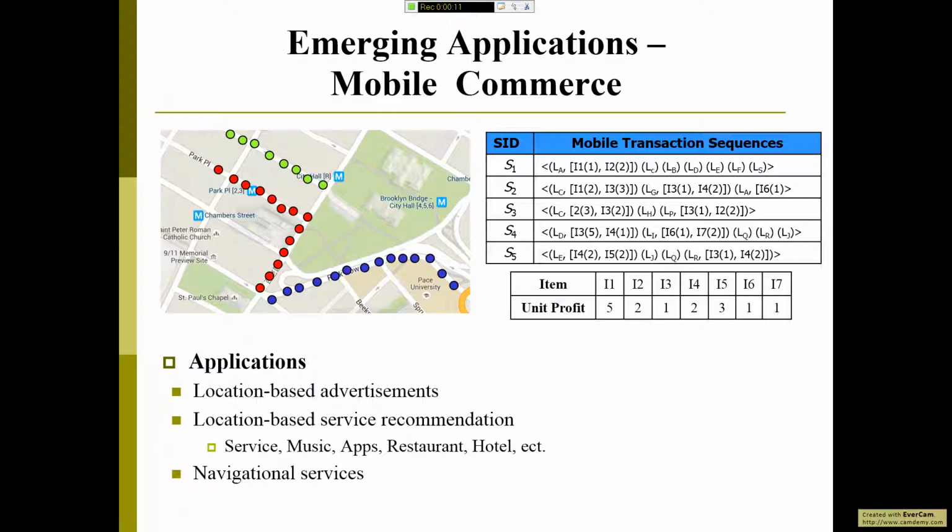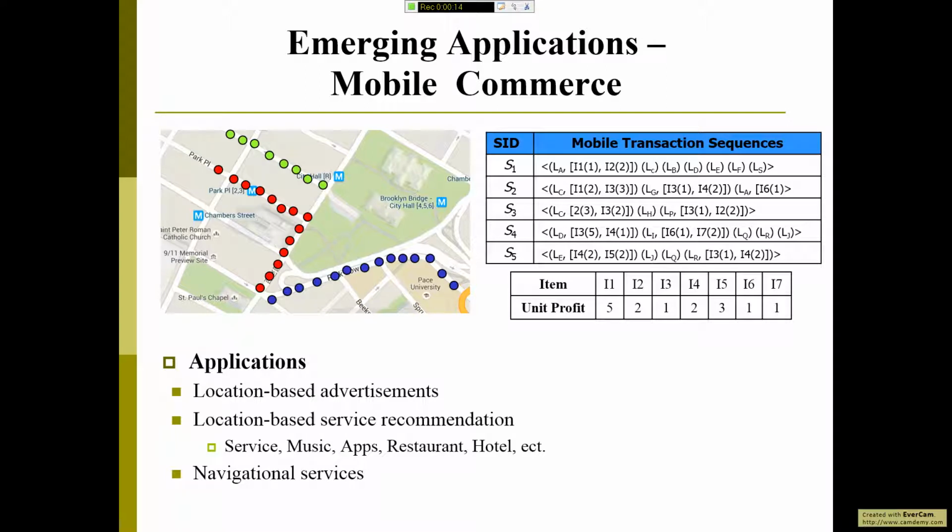With the development of IoT technologies and sensor networks such as smartphones, wireless networks, and GPS devices, information about users' location and payment records can be acquired and integrated. In such a scenario, HUP mining technology can be used to discover valuable user behaviors in mobile environments.